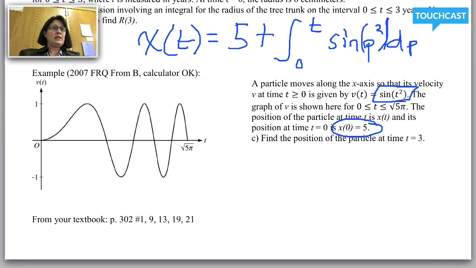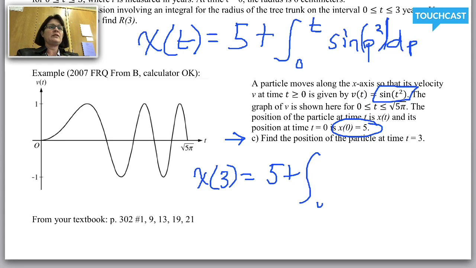I'm supposed to find the position of the particle at time t equals 3. Well, that's just another way of saying x of 3. So I need x of 3. That's going to be 5 plus the integral from 0 to, look, x was a function of t, which means that everywhere I saw a t, that's what I should replace with 3.